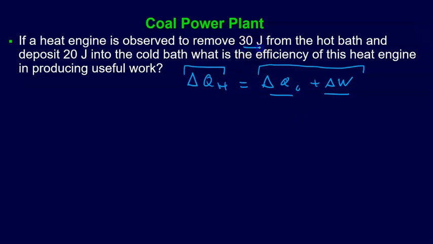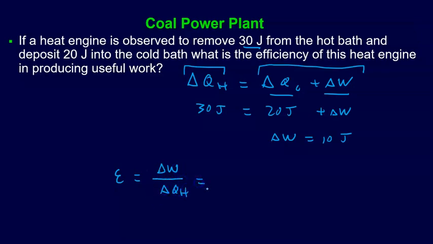Here, the 30 joules is going to be the QH, and the 20 joules will be the QC. From that we can figure out what our delta work is going to be. That's going to be 10 joules. So what is our efficiency? It's this formula, but what it really is, is how much work do I get divided by how much energy am I taking out of that reservoir.